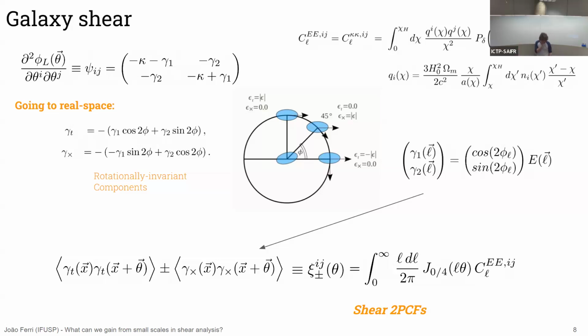So this is a clever way of computing the data compression in real space of gamma 1 and gamma 2, through these psi plus and psi minus correlations. This is what we call the shear 2-point correlation functions.